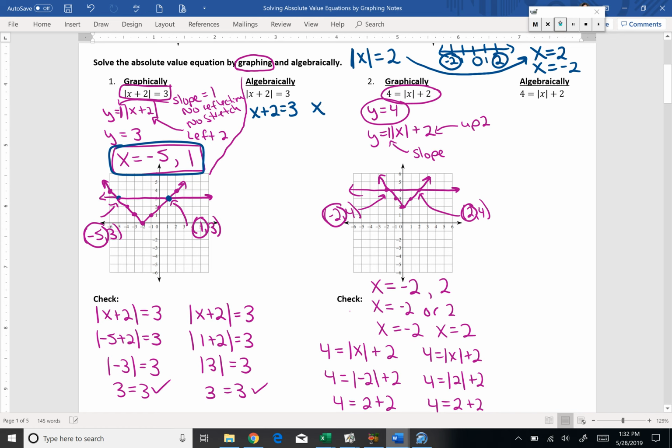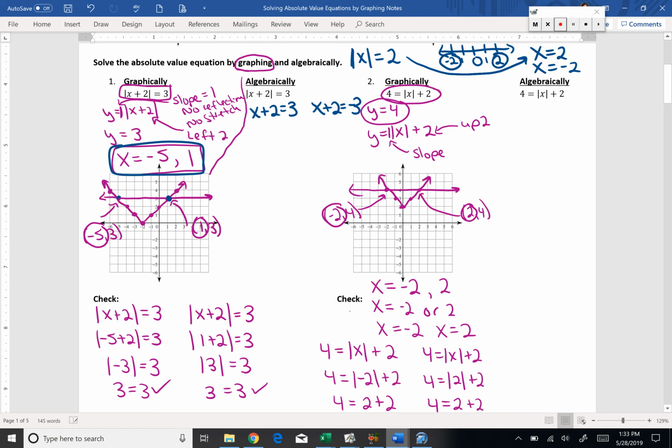But that absolute value part could also equal negative 3. Oops, that's not a very good spacing there. Sorry guys, it is a negative 3. It's not letting me erase for some reason. So the absolute value part, that piece inside the bars, could equal positive 3, but it could also equal negative 3.